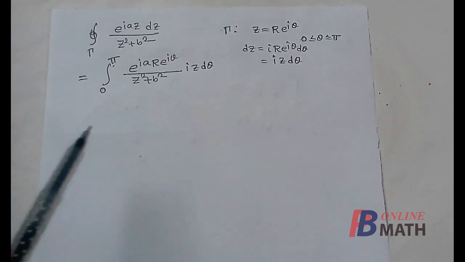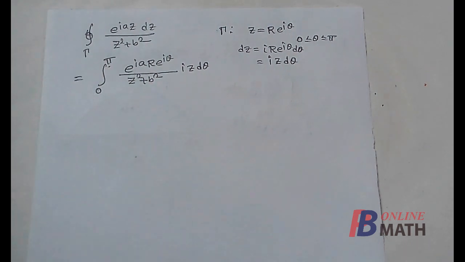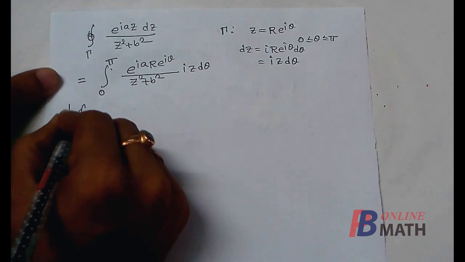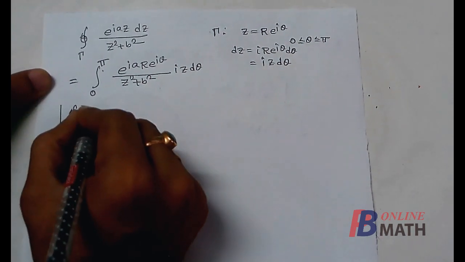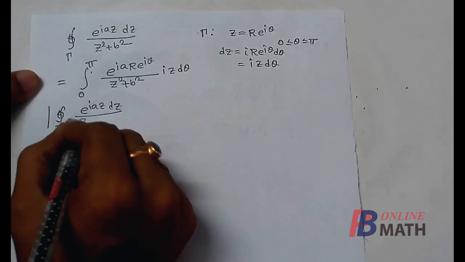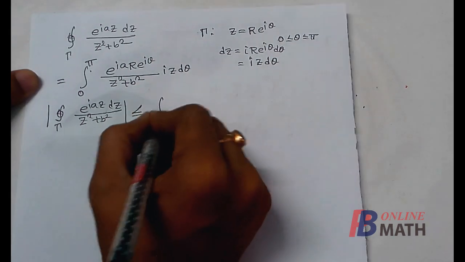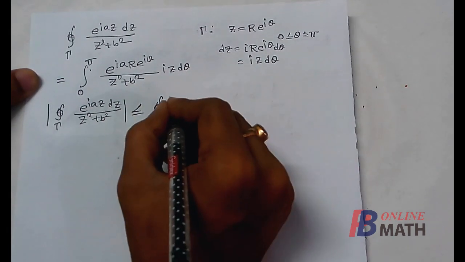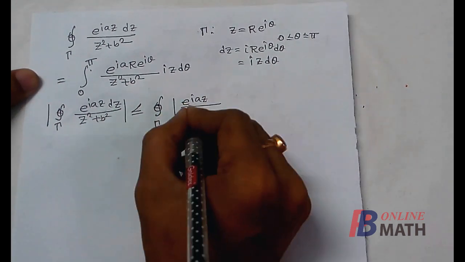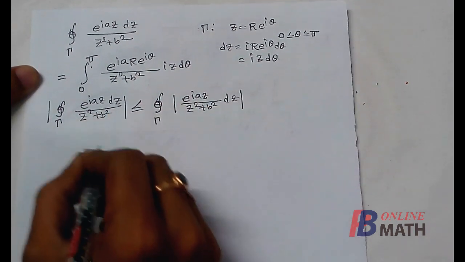Actually, our target is to show that the contribution of this integral is nothing but 0. For that reason, we consider the modulus of this integral, that is e to the power iaz dz by z square plus b square. We know that this is less than or equal to the integral of the modulus of e to the power iaz divided by z square plus b square, dz.